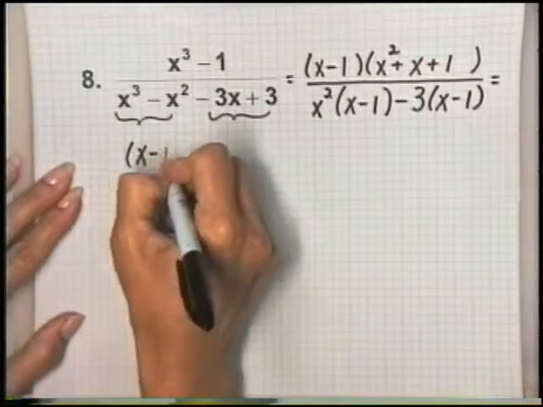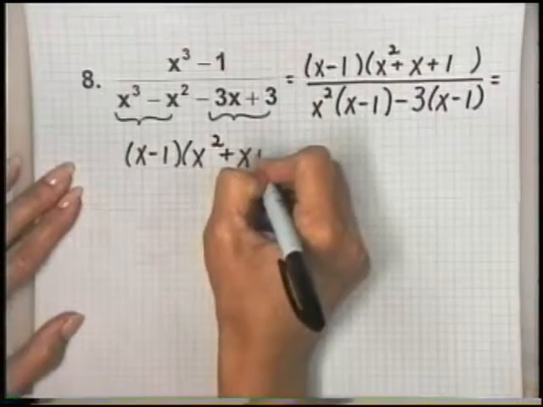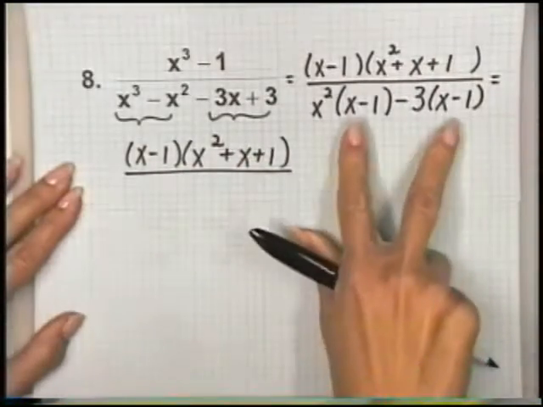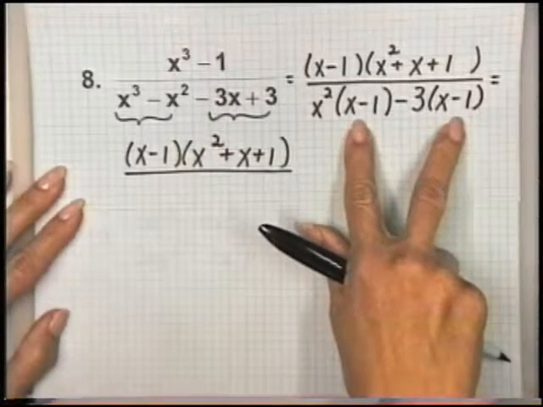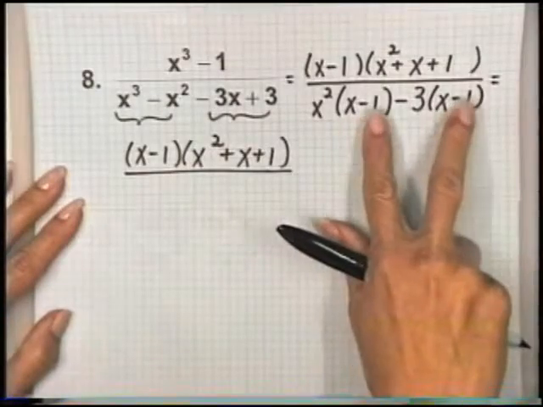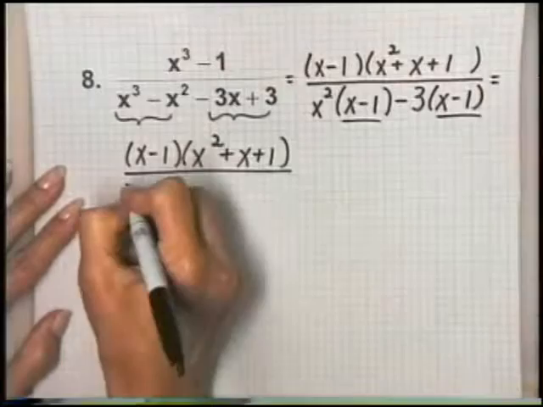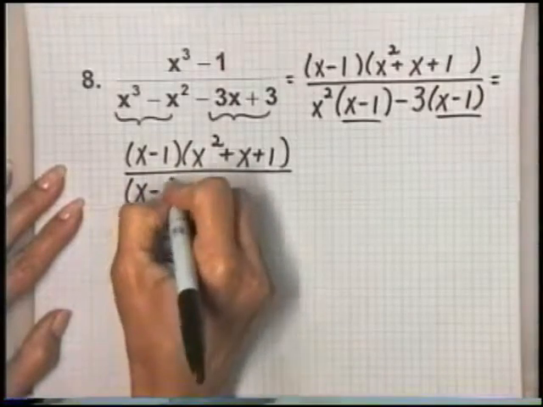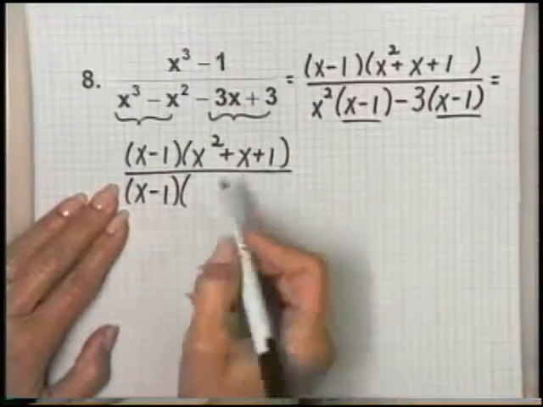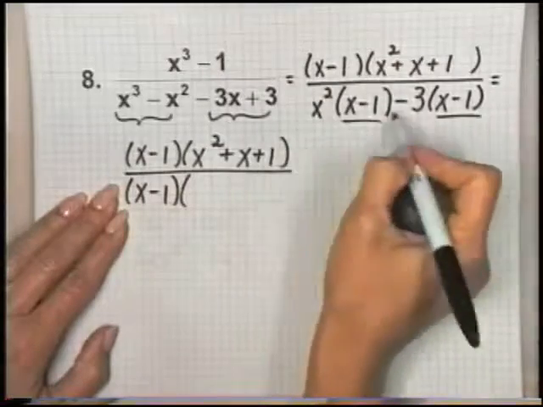So let's rewrite this numerator as it is in its factored form, and let's complete the factoring of the denominator. For my two terms, I'll look for the common factor. I have a common factor of x minus 1 in each of these terms, so I'll write my common factor x minus 1, and then in my second factor, I write what's left.